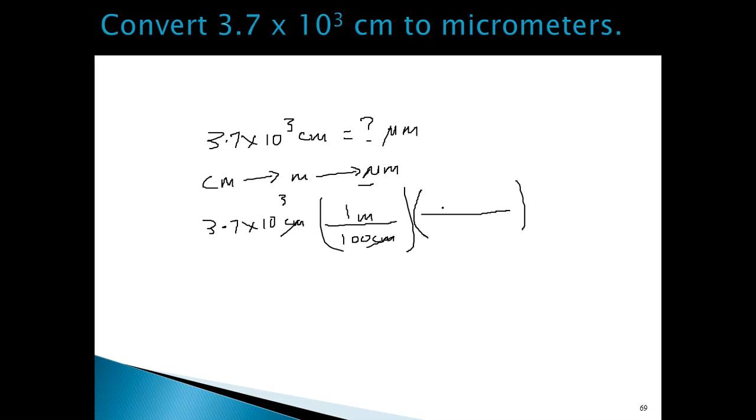And based on the information provided in the tables, you would see that 1 micrometer is the same thing as 10 to the minus 6 meters. Alright, and we work that out.